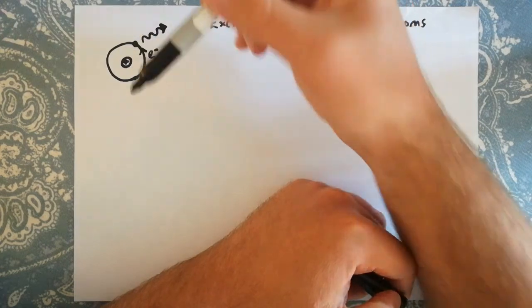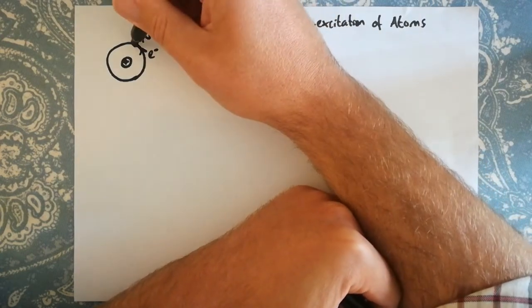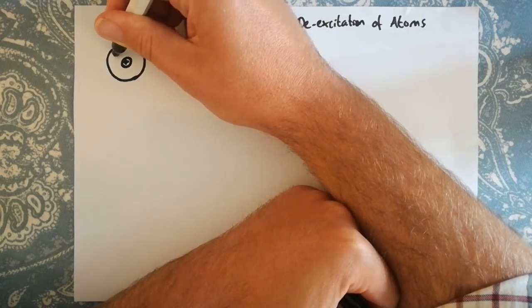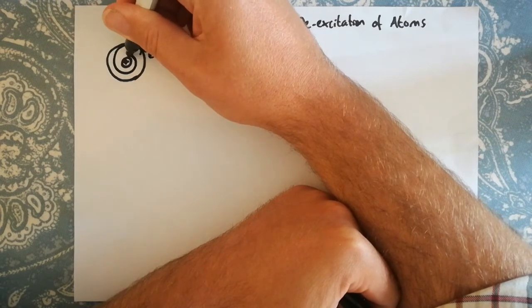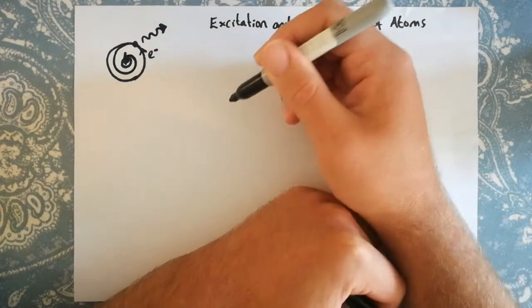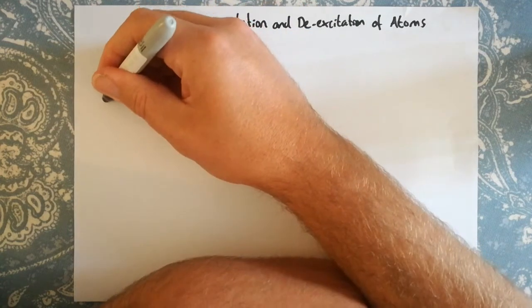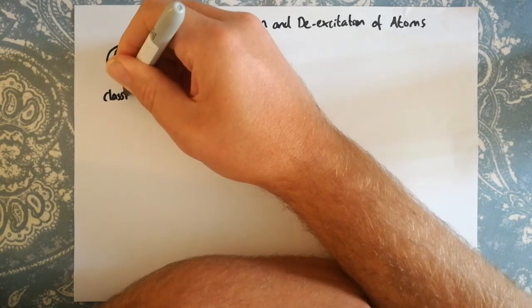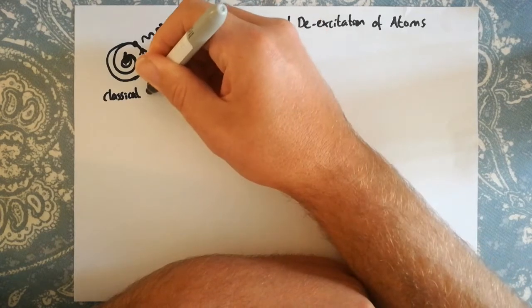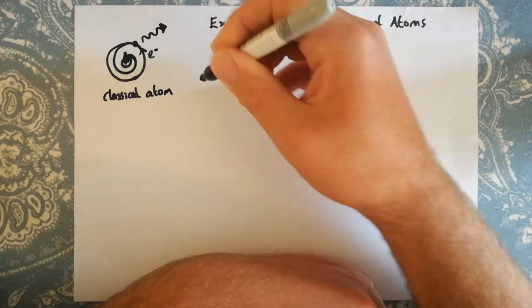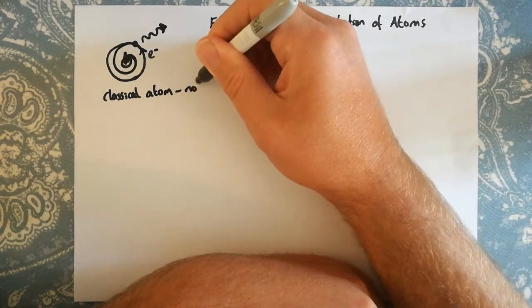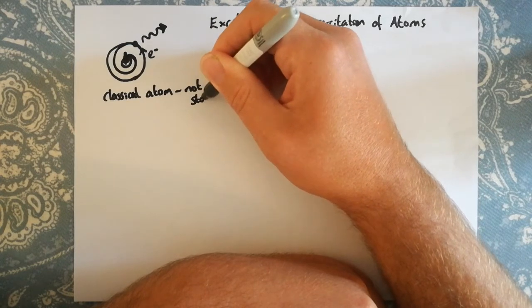If it was losing energy, the electron should spiral inwards towards the center of the atom. So a major problem with this idea of the atom is that it's not stable.